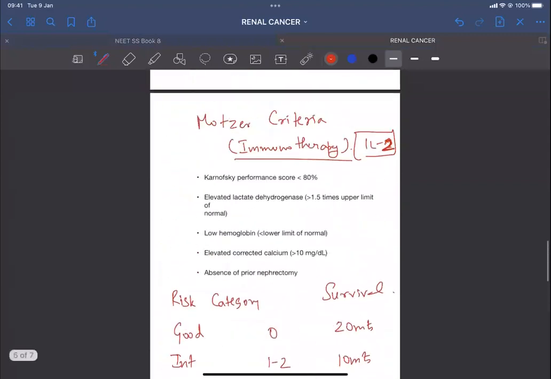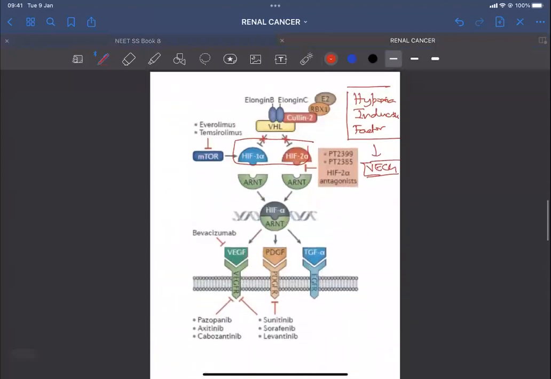See that one with a bit of color. So here we go. There are different targets for treatments for RCC. You've got everolimus, temsirolimus, which act through the mTOR pathway. You've got VEGF inhibitors, which can be at the level of the ligand, which is bevacizumab.